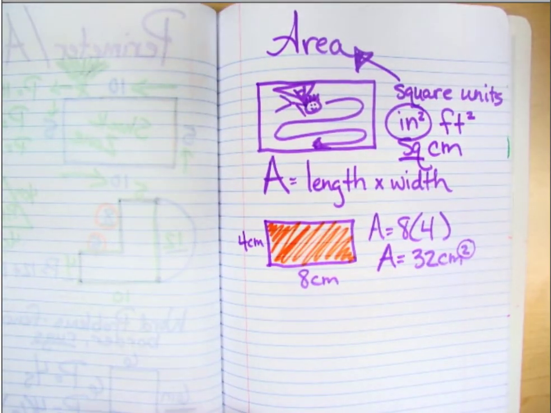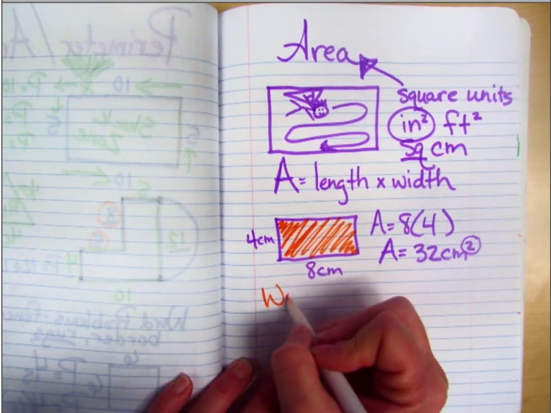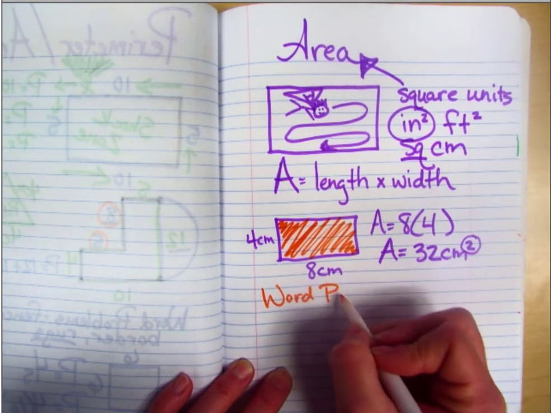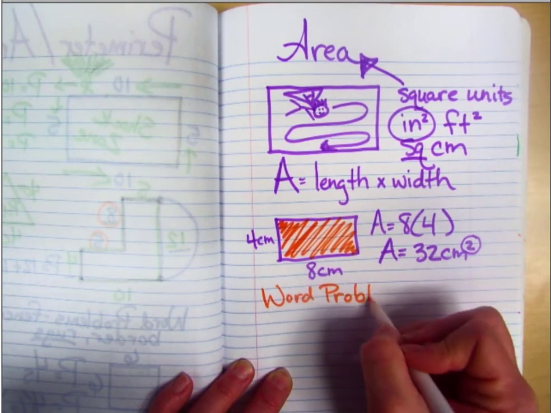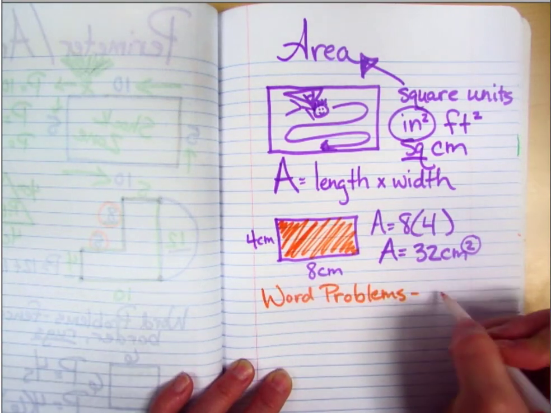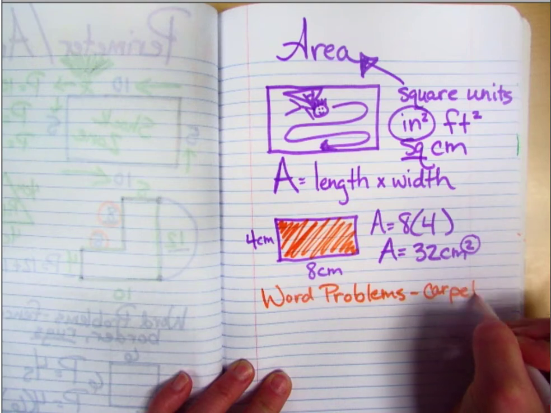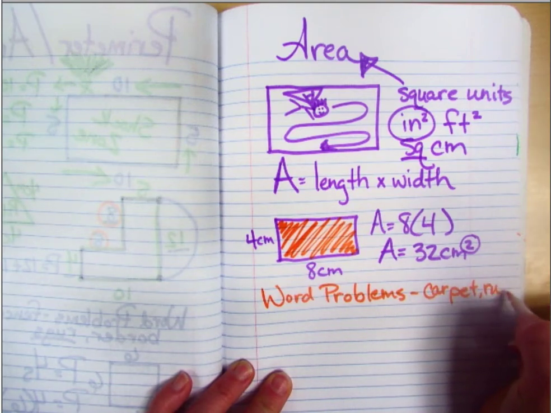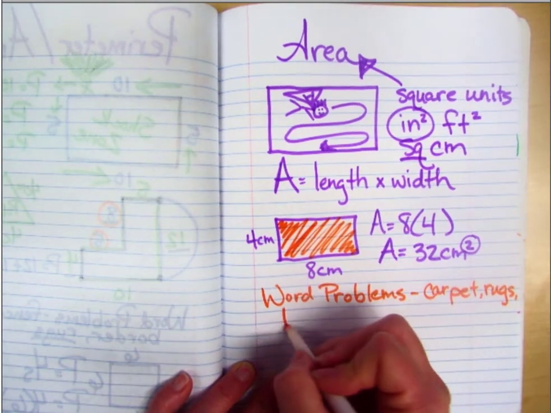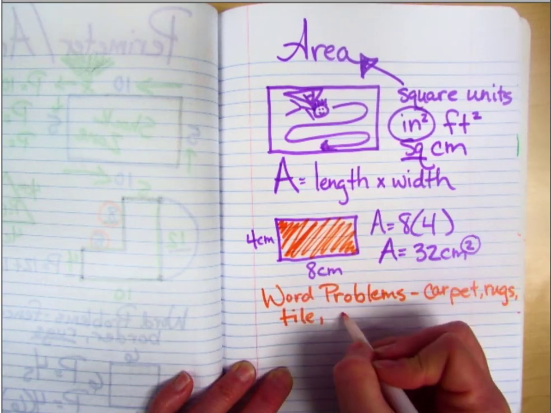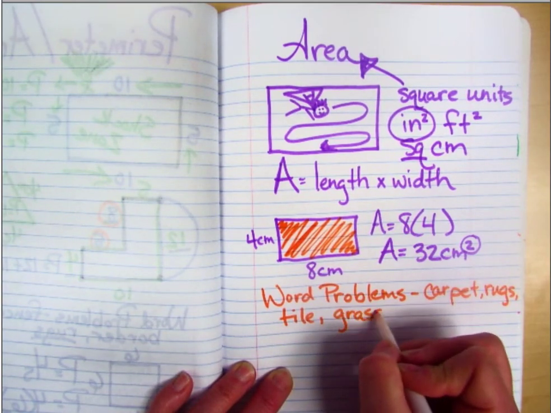Your word problems are going to be more like flooring, like carpet, rugs, tile, grass in a yard, dirt.